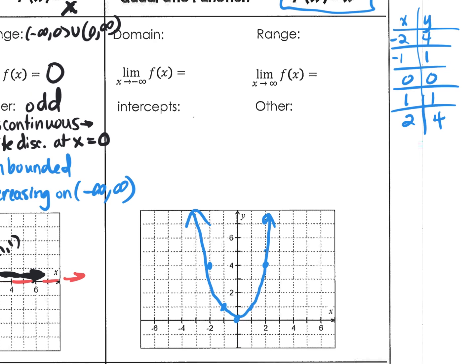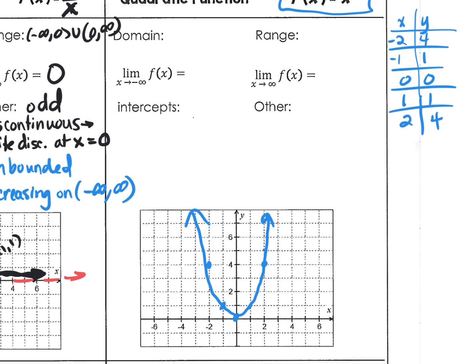Okay, so what is the domain of this guy? Caden, what's the domain of this guy? All real numbers. Good. From -infinity to infinity. What is the range of this guy? Tessa, what's the range of this guy? What's the lowest y value to the highest y value?